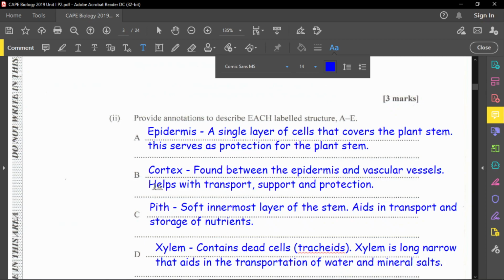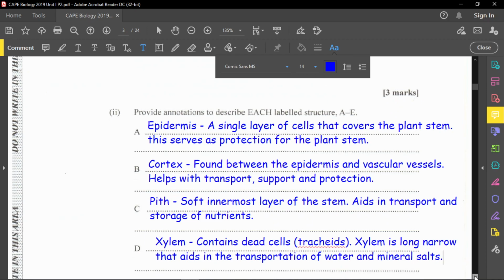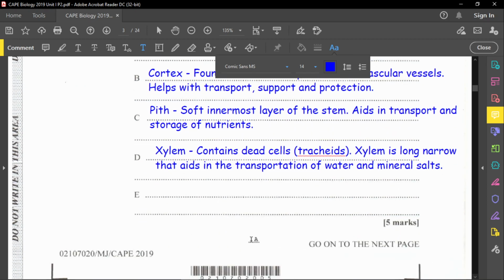All right, great. So the next structure, which is the last structure, is the phloem. The phloem is different from the xylem in terms of living and dead, because the xylem is dead and the phloem is living.